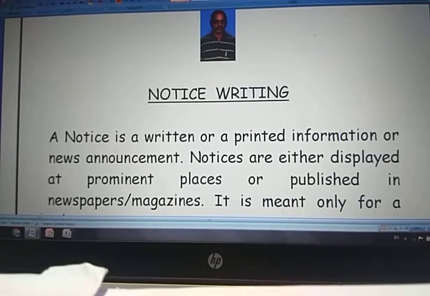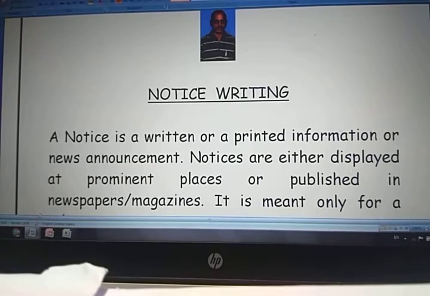You see, in front of your principal's room, you find a notice board, and in that notice board, different notices related to different topics would be displayed from time to time.